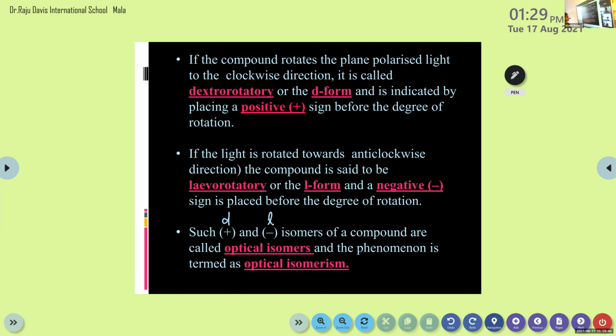If the light is rotated towards the anti-clockwise direction, the compound is said to be levorotatory or the L form, and a negative sign is placed before the degree of rotation. Such plus and minus isomers of the compound are called optical isomers, and the phenomenon is termed optical isomerism.